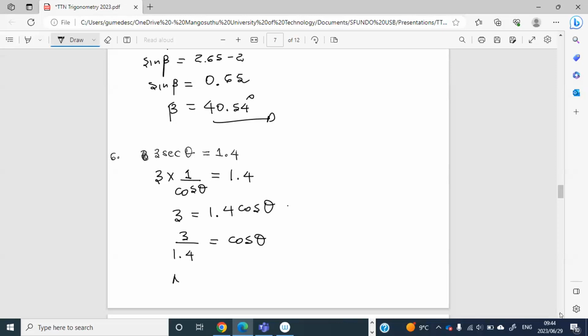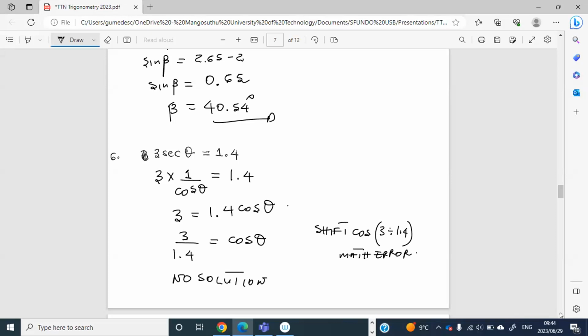So I'll get no solution. No solution, because if I press shift cos and I put 3 over 1,4, I got math error. So it means the equation does not have a solution.